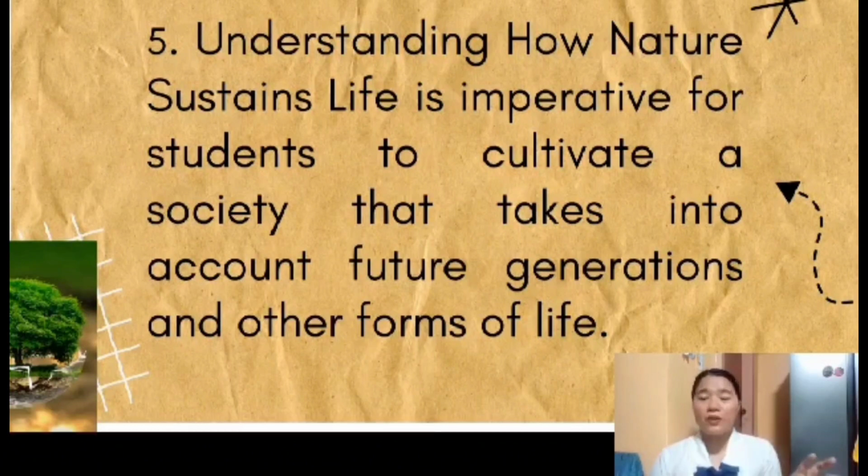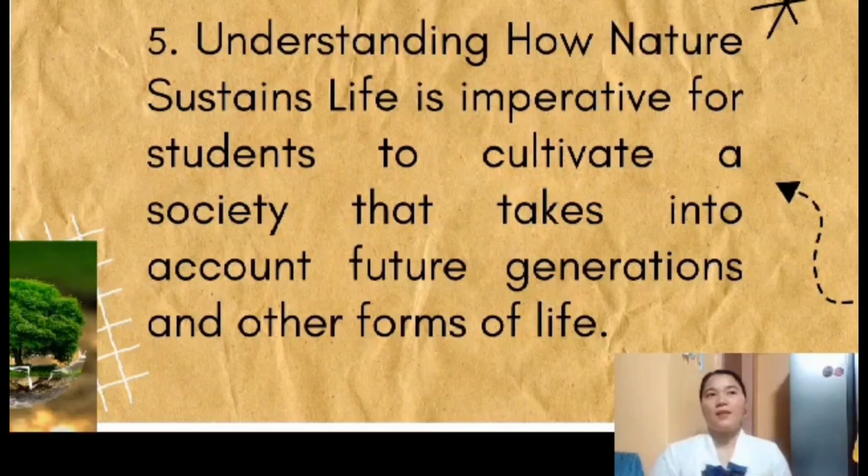Nature has all these cool strategies that have worked for ages, and we can learn from them. It's a bit like having a mentor. By looking at how nature does things, we students can figure out smart ways to design our own projects and activities.